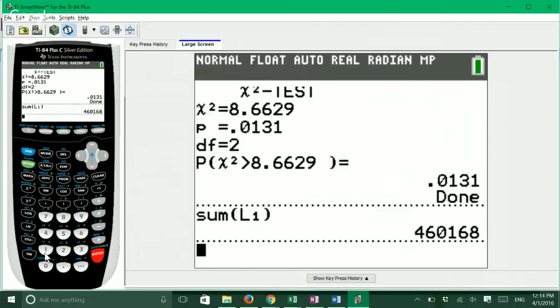And then we want to distribute that equally. Where do we get the sum? Second stat, math. I think it's 5.